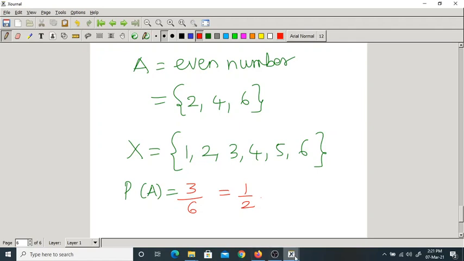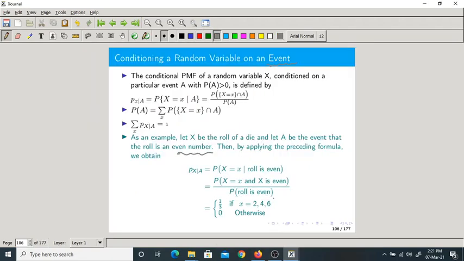Now, what is P of X given A? What is the formula? P of X given A equals the probability that X equals small x given the roll is even.